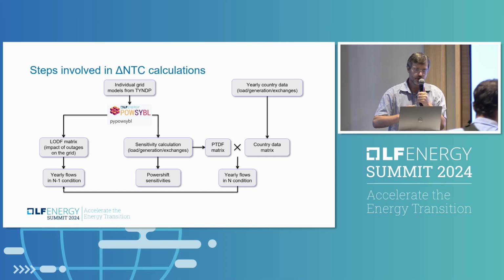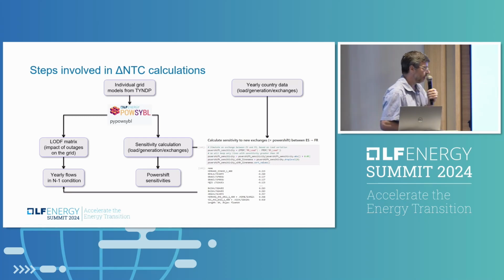To calculate the flows after a power shift, we also need to calculate power shift sensitivities. Power shift sensitivities tell us, if I increase the exchanges between two countries, what will be the impact on the lines near the border.